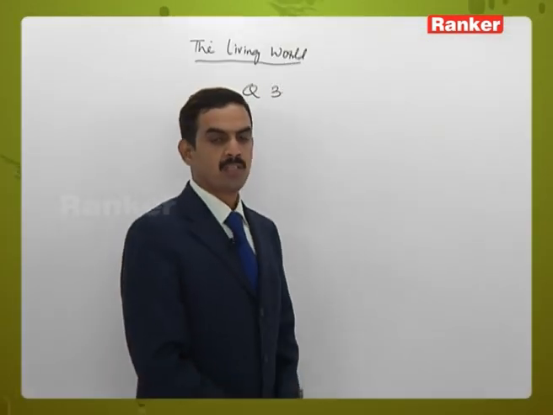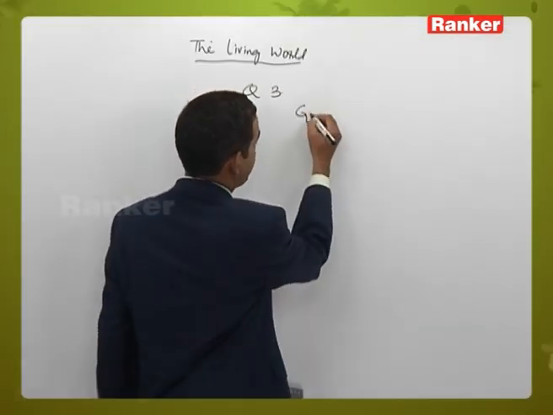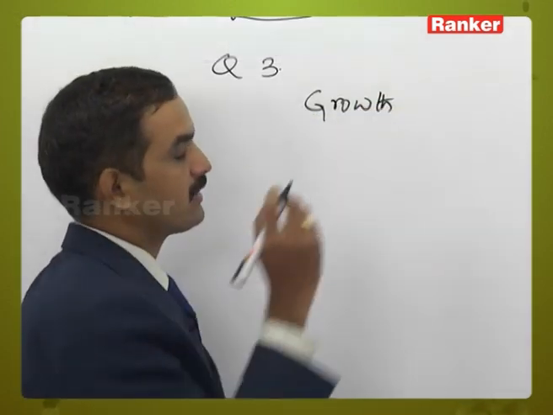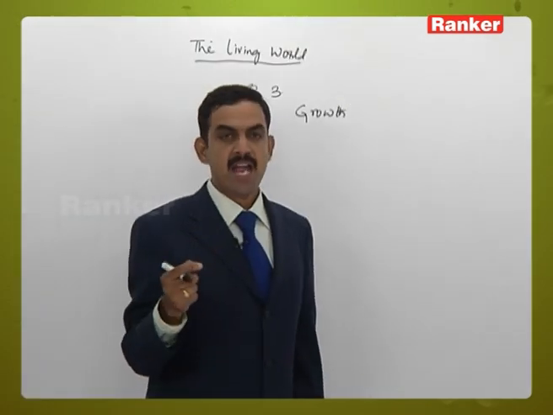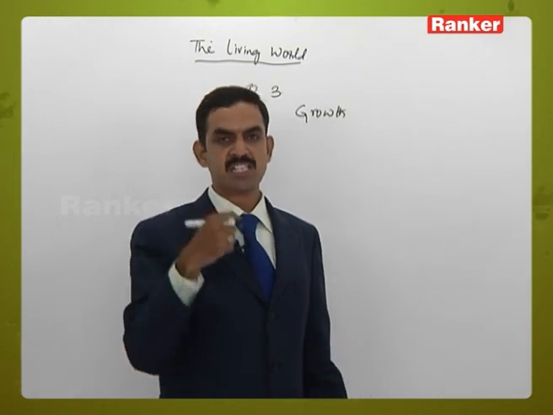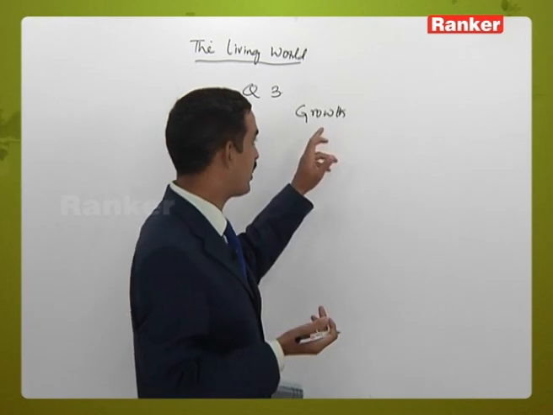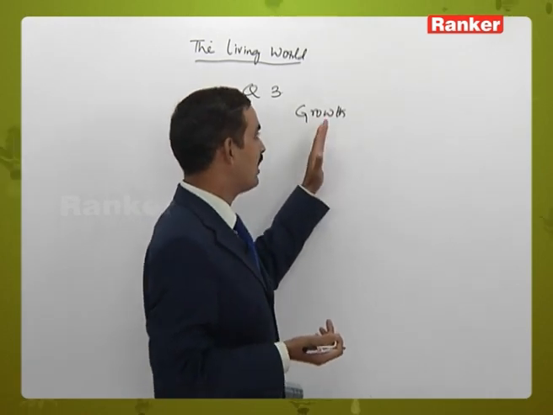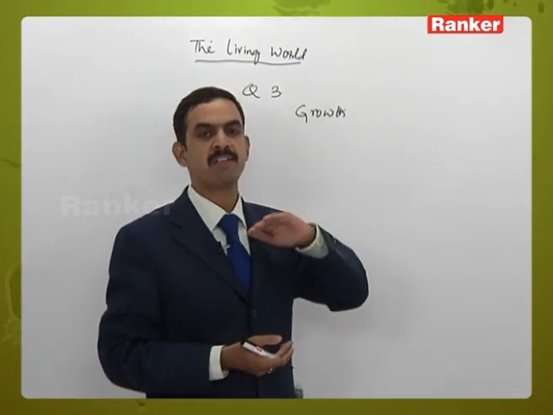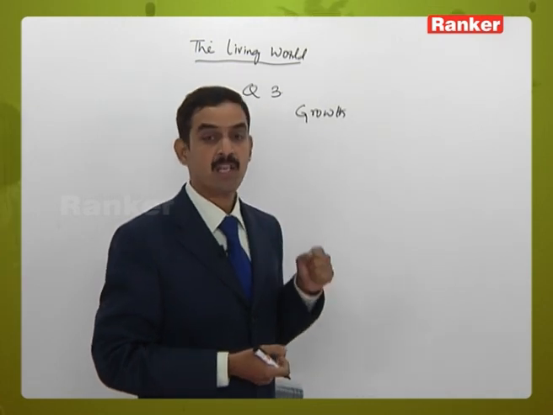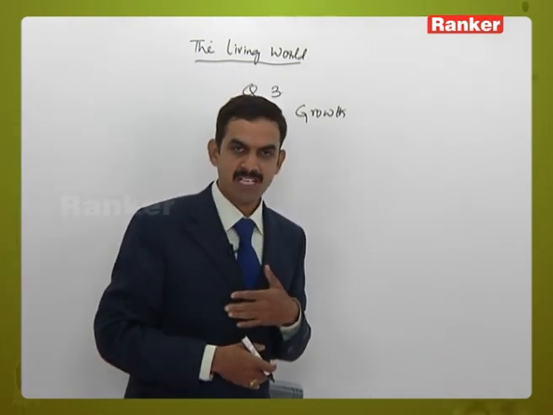So here it is a question related to growth. Growth is present in living organisms, and it is an internal change that takes place because of the metabolic changes, chemical reactions taking place inside the plant body and inside the animal body. The plant and animal, that is living organisms, are showing growth and development. But it is not a defining property.